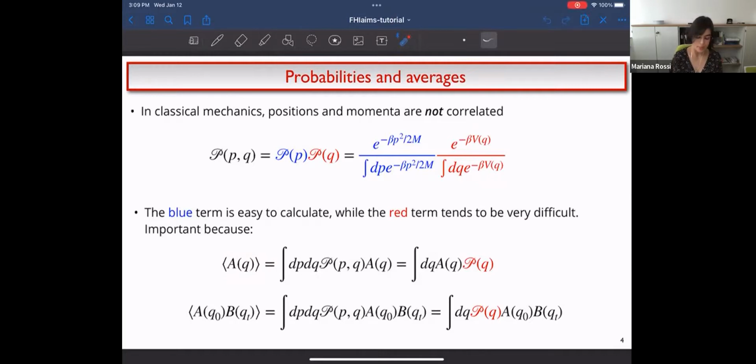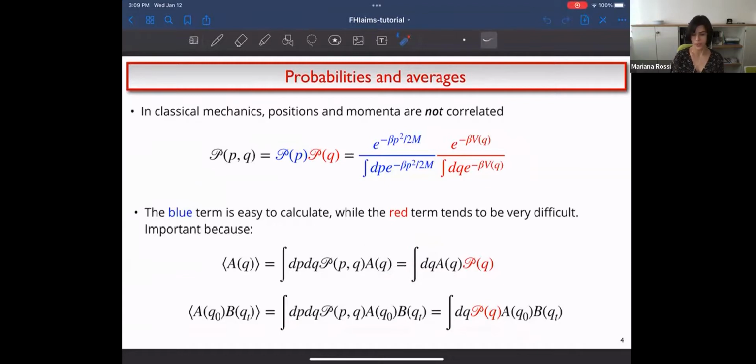When you write down the simple expression of what you would do to calculate this quantity in statistical mechanics, you would have an integral over this probability distribution times your observable A that depends on Q. And it's easy to show that only the red term survives in this case. The same would be true if you were looking at a time-dependent property, which we won't talk about much today.